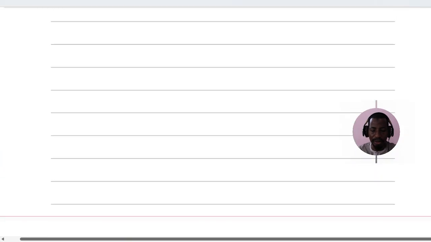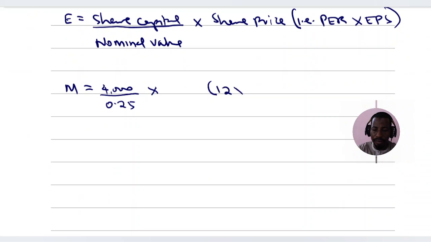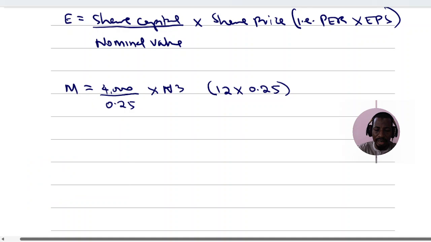Bring out your calculator. 12 multiplied by 0.25 is 3 naira. So the share price is 3 naira.